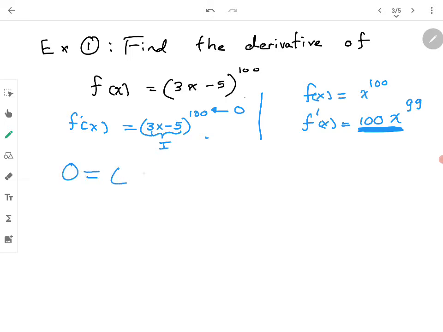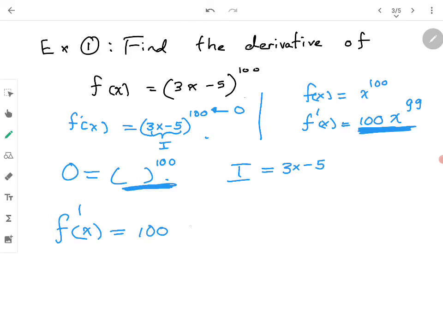So the outer function is the power, the inner function is 3x minus 5. So then the derivative of this function is, first find the derivative of the outer function, this one. So it's like this part without the x. Instead of x, you need to write the inner function inside. So 3x minus 5.